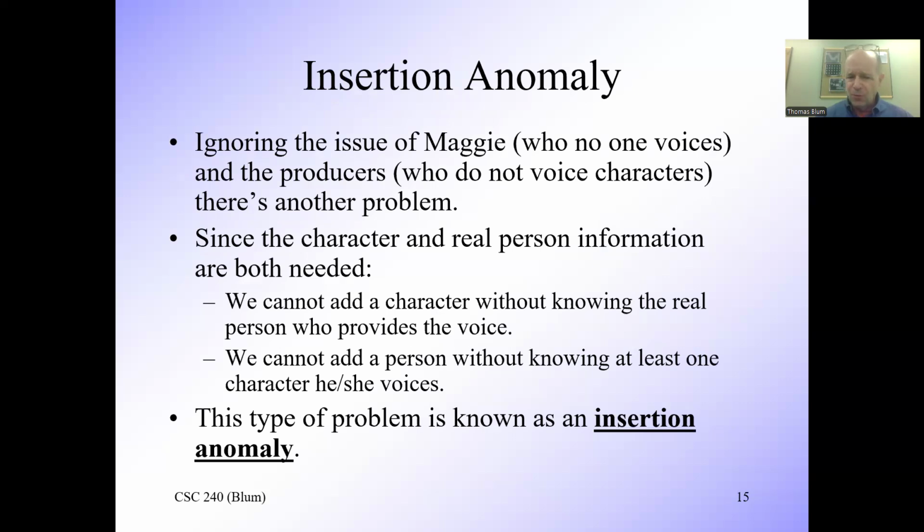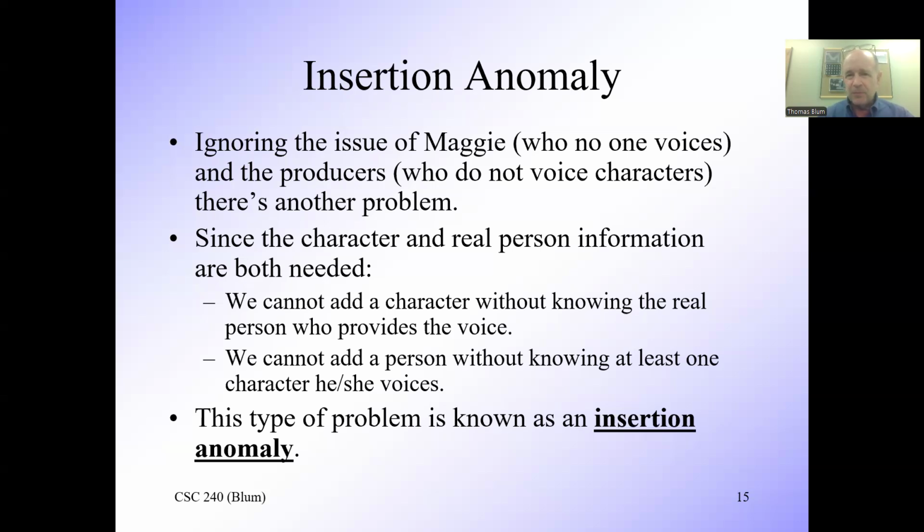Okay. So we're going to ignore it, but it is going to come back and we'll see if it gets resolved as we move through the normalization process. But we see that to uniquely identify a row, we may need some person information and some character information.